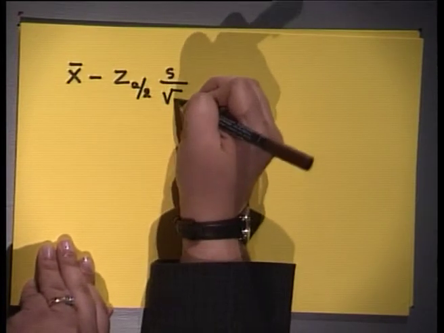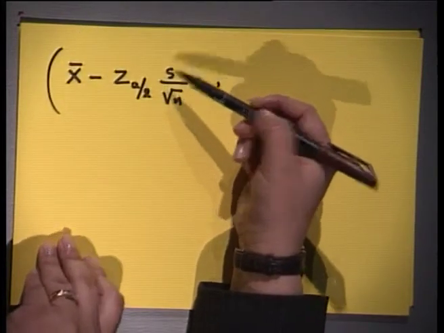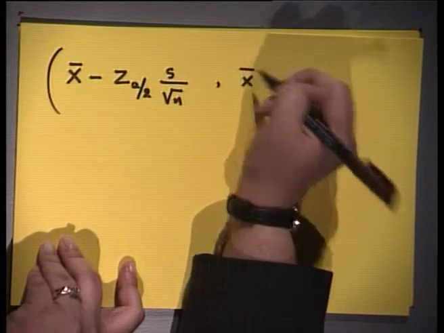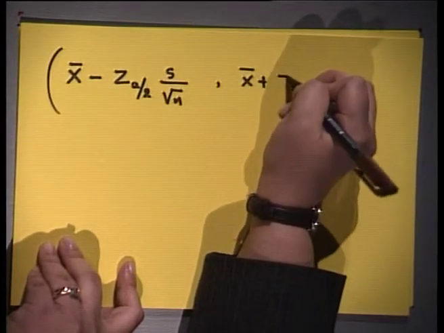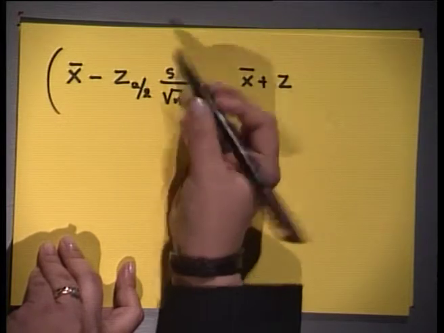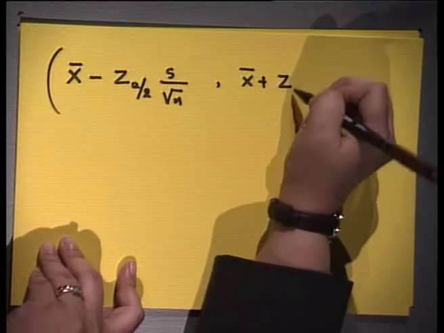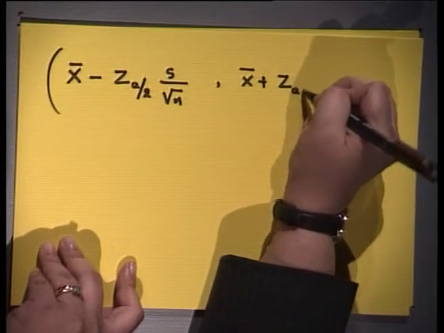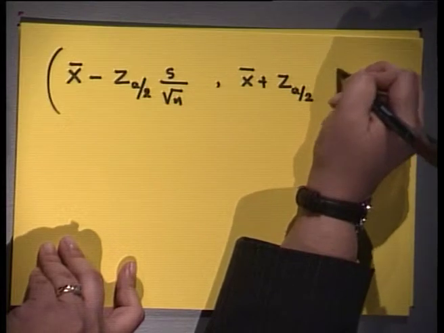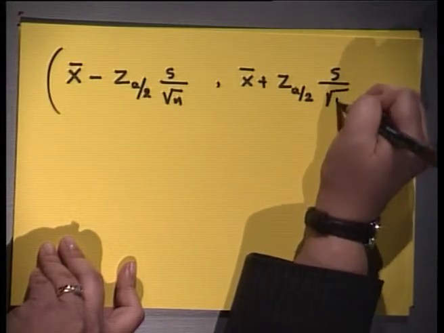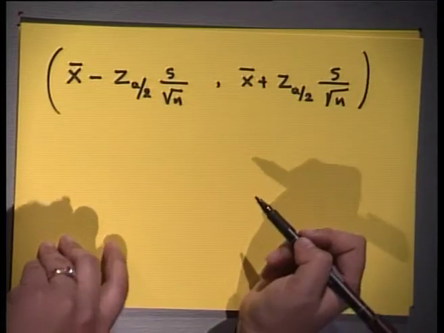Now, the standard deviation is unknown. We are not given what the standard deviation is, so we have to replace the standard deviation by the sample standard deviation. And we have that the confidence interval can be calculated by this formula here.